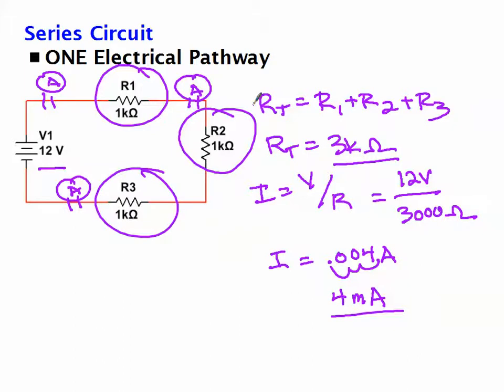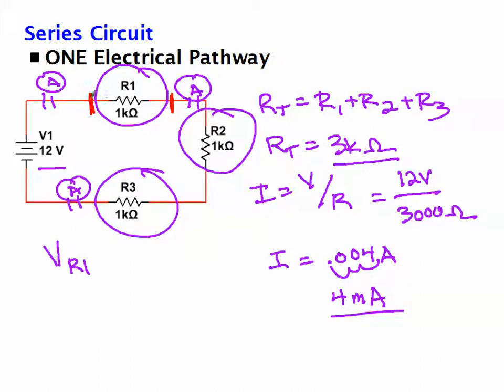Which means you can calculate the amount of voltage drop across each resistor. And the way we refer to voltage drop across a resistor is VR1. That means the drop in voltage from this point here in the circuit to this point here. So if all the resistors in the series circuit are the same value, the voltage drops, of course, will be the same.